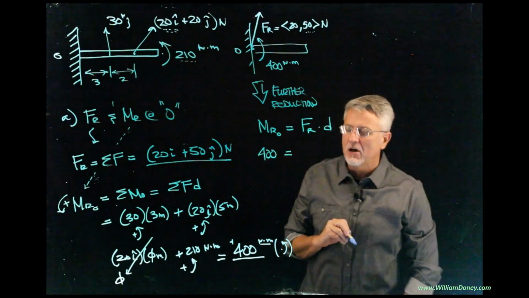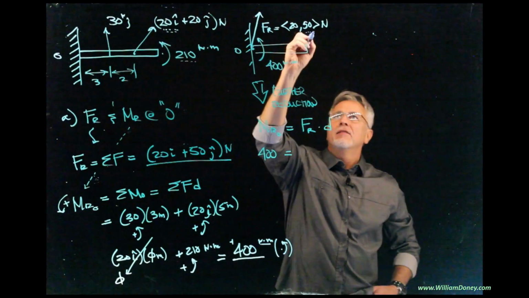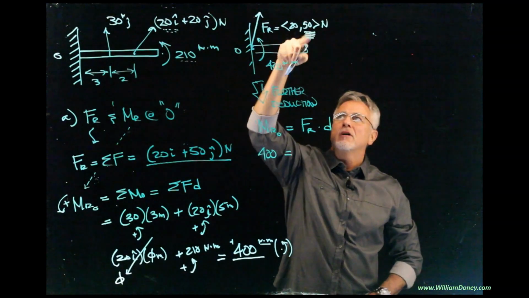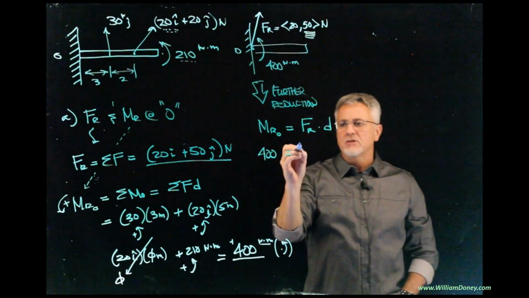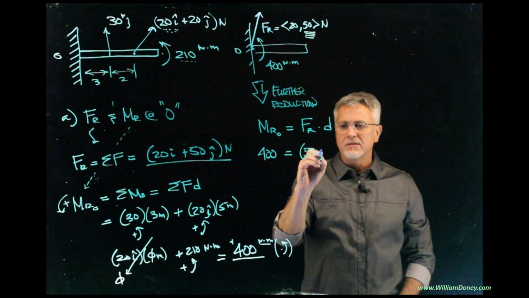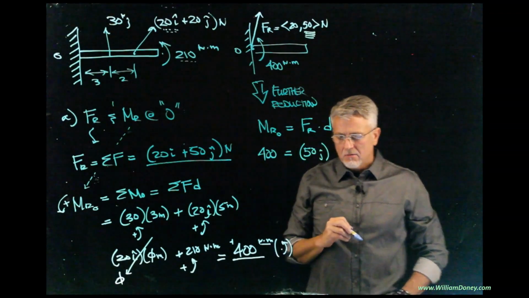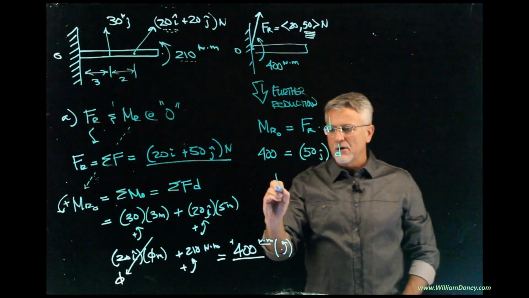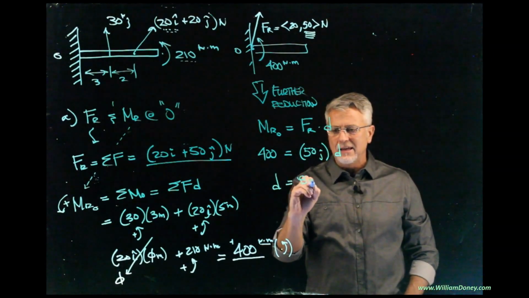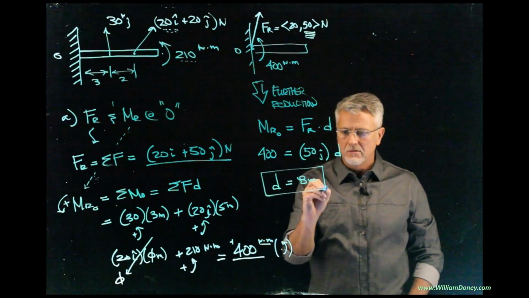What is that resultant force? Well, again, the Y component's the only part of that two-dimensional force that's creating rotation, so that'll be 50, right? That's in the J direction, times D. I go through and solve that, I get D equals 8 meters.